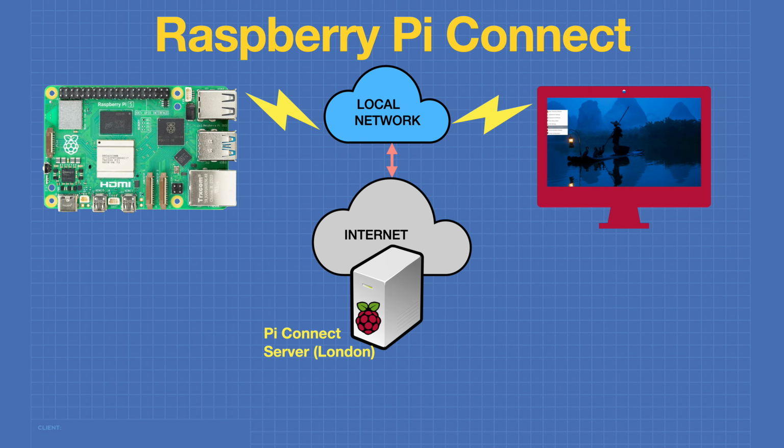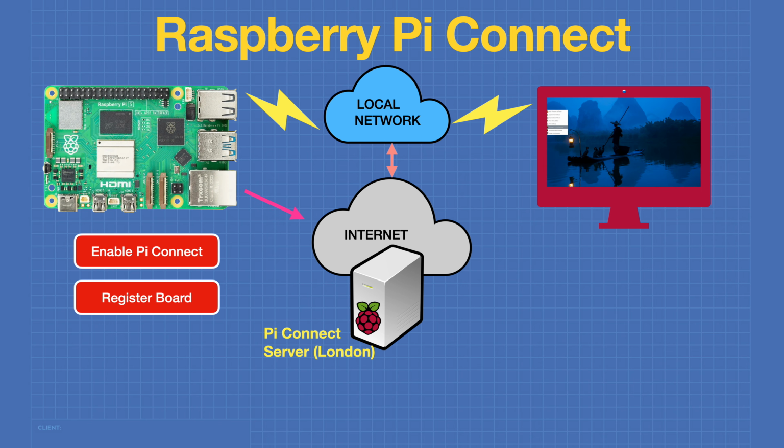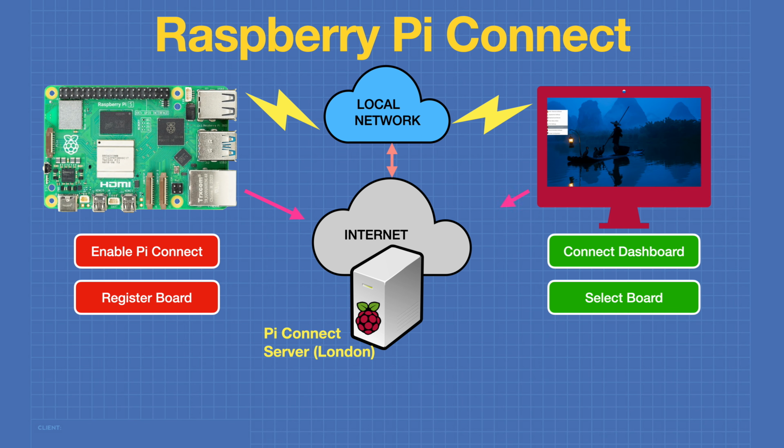To use Raspberry Pi Connect, you enable Pi Connect on your Raspberry Pi, and then register your Pi with the Raspberry Pi Connect server. On the remote client, you use your web browser to go to the Connect dashboard, and you select the dashboard from the server. Raspberry Pi Connect will try to establish a local connection on your local area network to the Raspberry Pi. But if that's not possible, it'll use the Pi server as a relay.